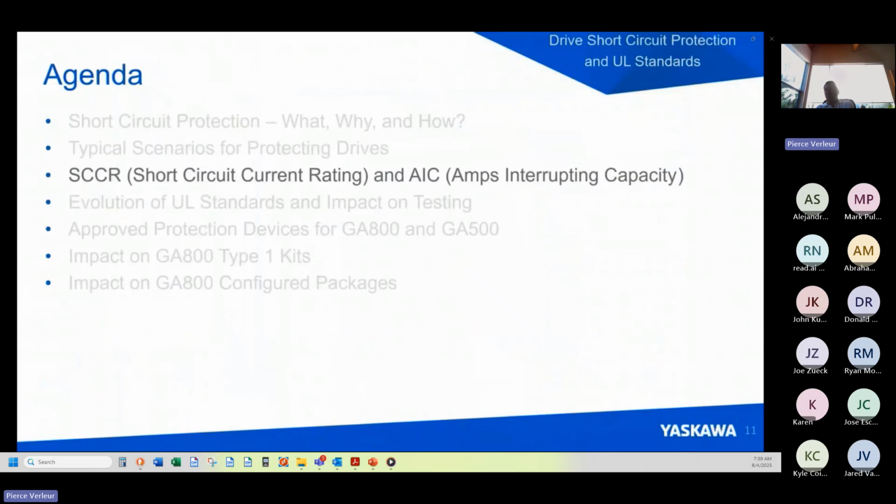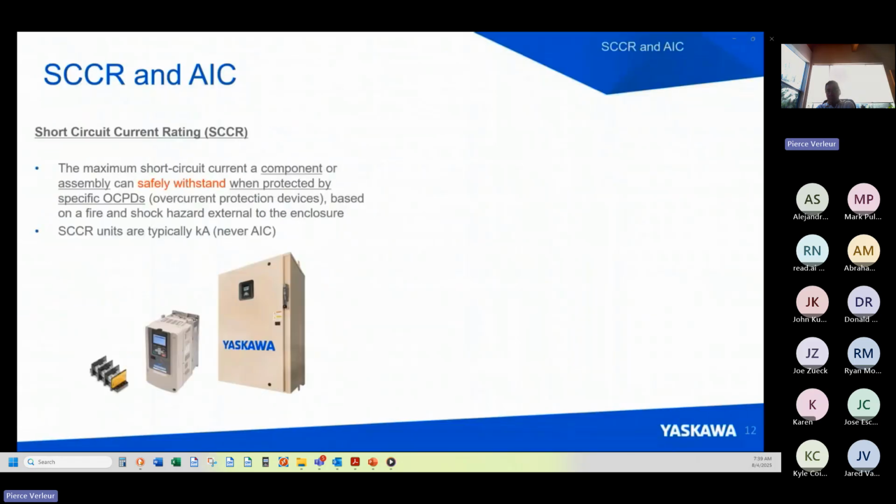Okay, so let's talk about this thing called short circuit current rating and amps interrupting capacity, because they are often confused. A short circuit current rating is the maximum short circuit current a component or assembly can safely withstand. Can safely withstand. These are very important words, and that's when protected by specific overcurrent protective devices.